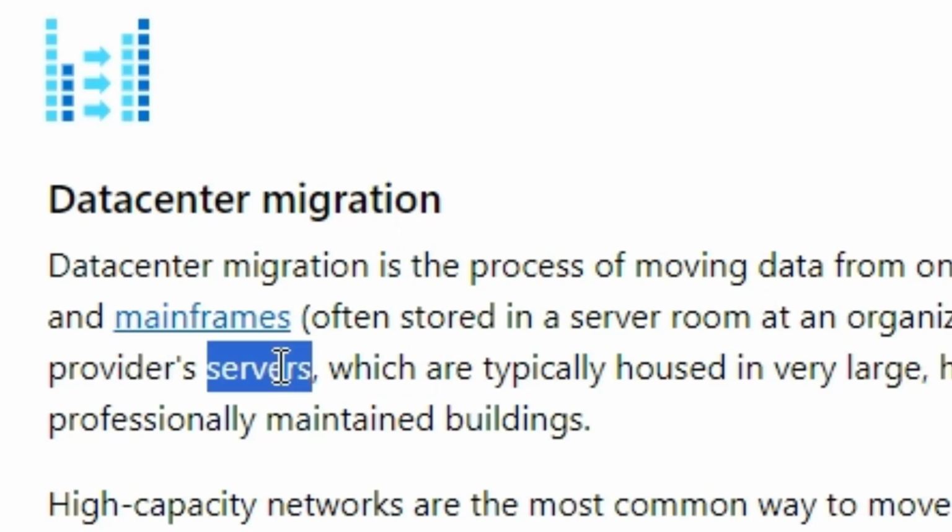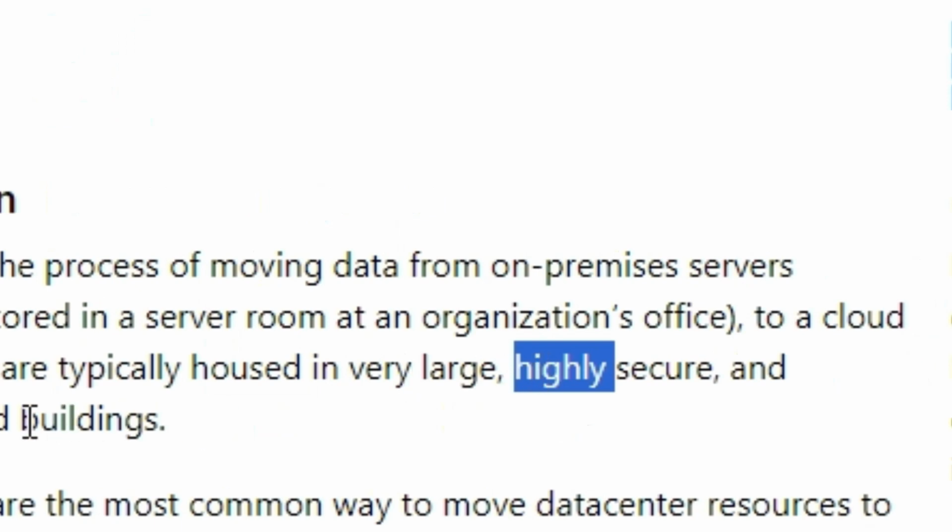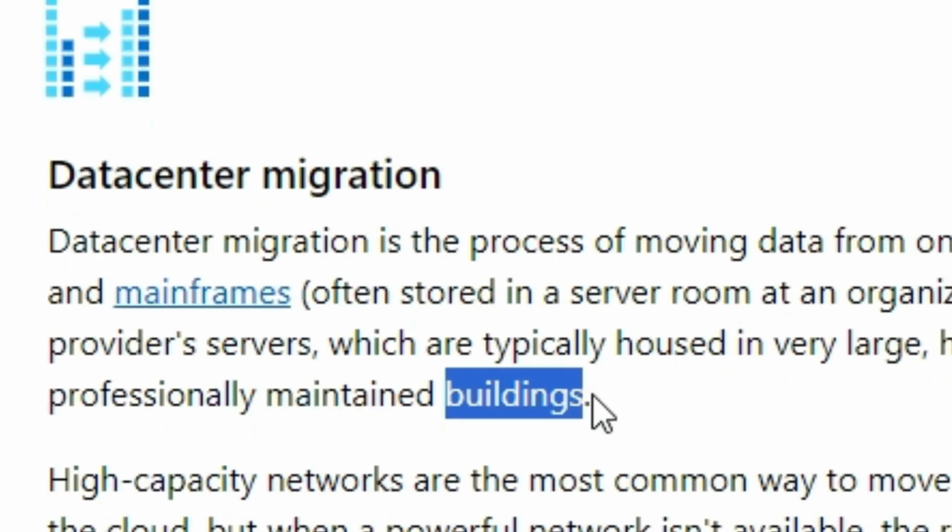These cloud provider servers are housed in very large, highly secure, and professionally maintained buildings, which are thousands of kilometers away from you, connected to you through the internet, maybe in a different country.